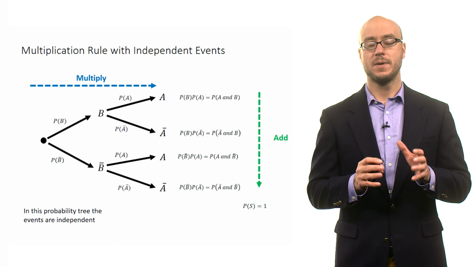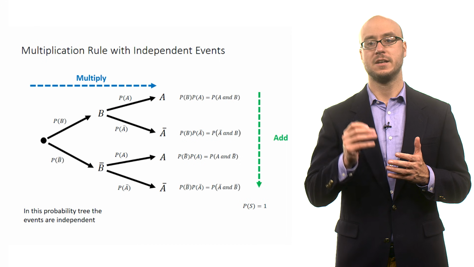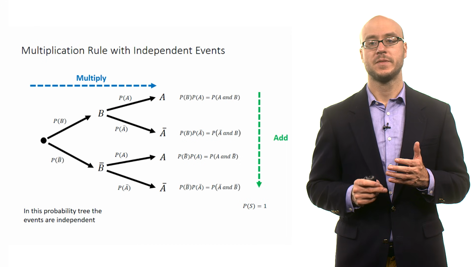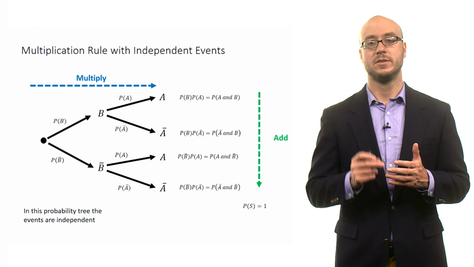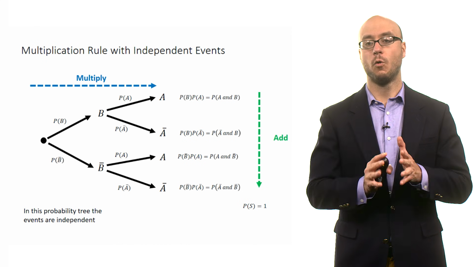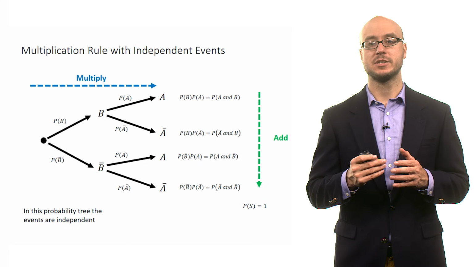Now in this setup, what we're doing is multiplying across to find the joint probabilities at the end of each set of branches. And so since we have B and not B and A and not A, we're going to have 4 different joint probabilities given at the end of these branches.